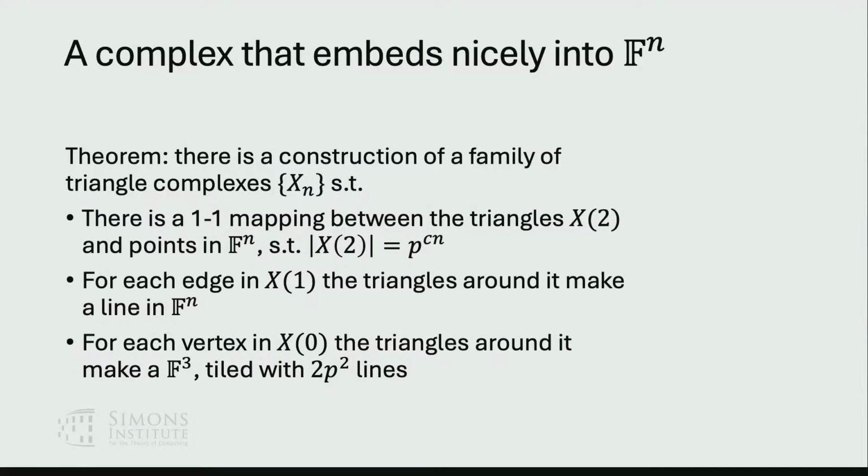And also, for every vertex in this embedding, the triangles touching this vertex, I'll have p^3 triangles, and they're actually going to be a copy of F^3 inside F^n. And it's going to be tiled with some number of lines. We'll see it.